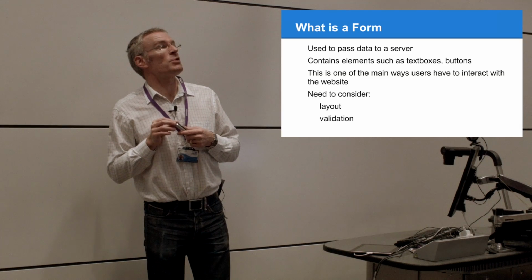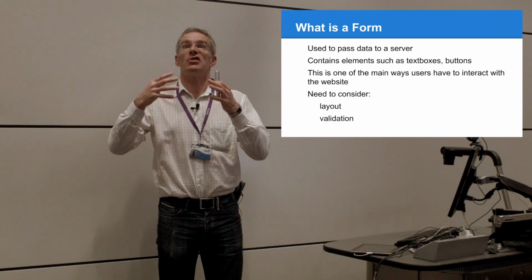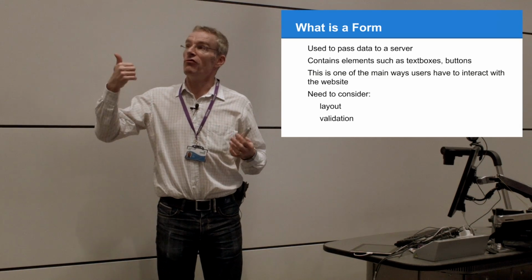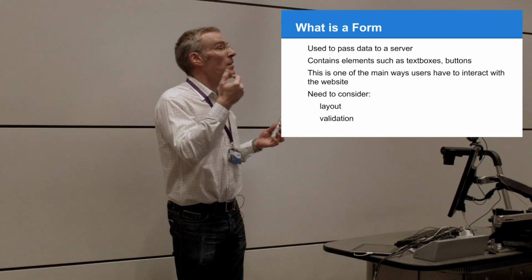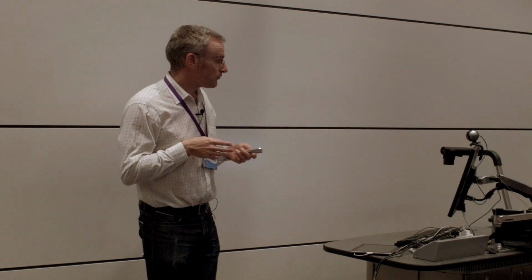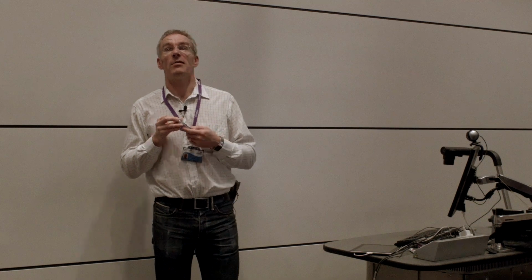So you've come across forms before, but it's worth having a recap, because when we build our forms, we need to build them in such a way as we can pass the data through to our processing scripts. All a form is, is a series of HTML elements which capture user input. So radio buttons, checkboxes, text boxes, text areas, buttons, etc. So we have to consider how we lay the stuff out and how we validate it.